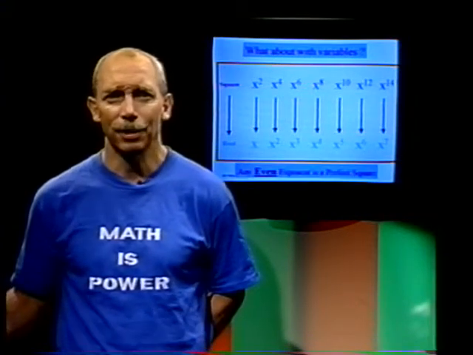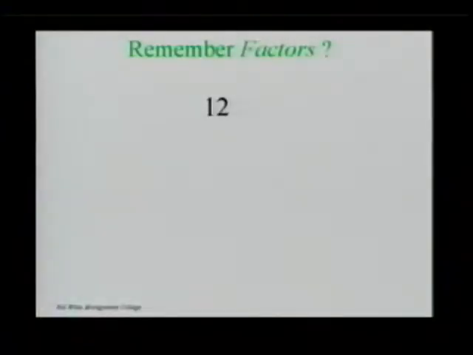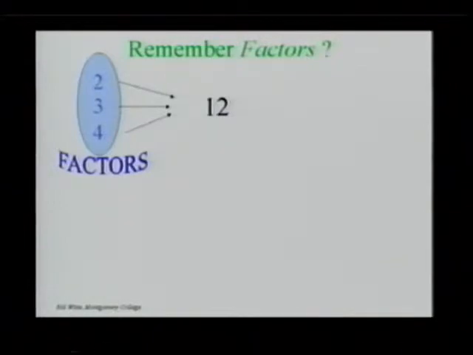Another thing it would behoove us to remember is some fancy words, the difference between factors and multiples. Remember that if you take 12, factors are the numbers that go into 12 evenly, like 2, 3, and 4. These numbers are called the factors of 12, as opposed to numbers that 12 goes into, like 24, 36.